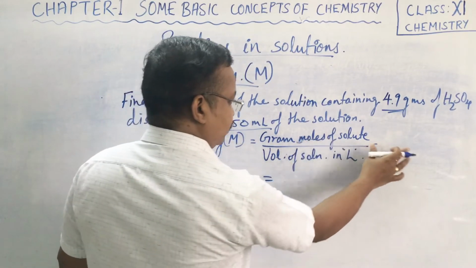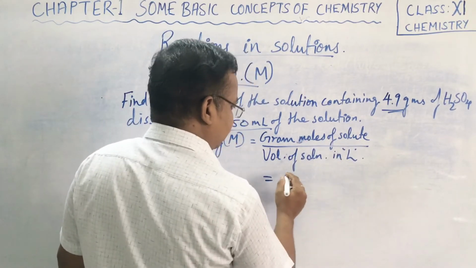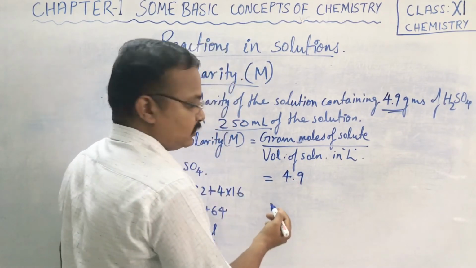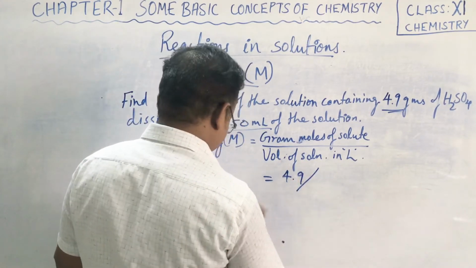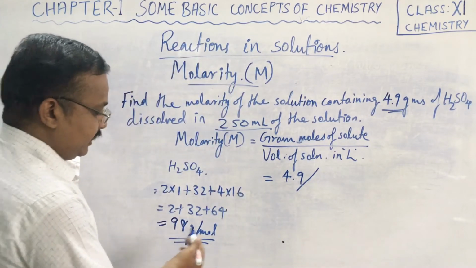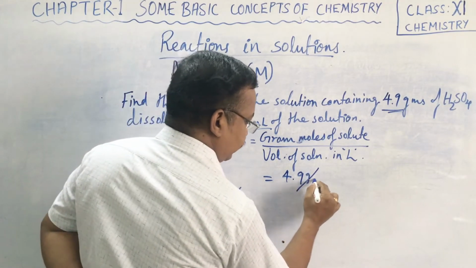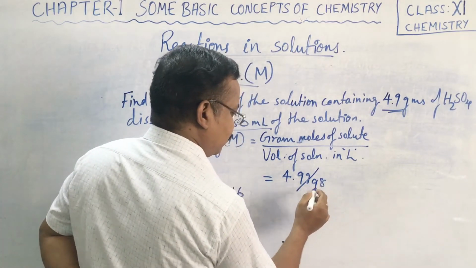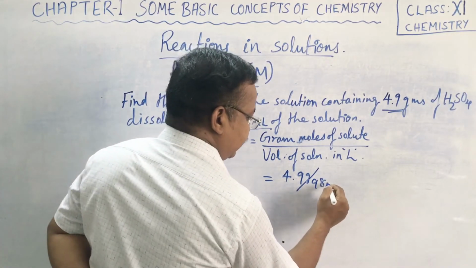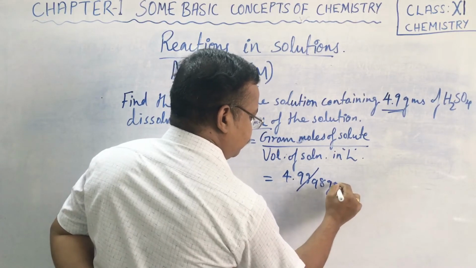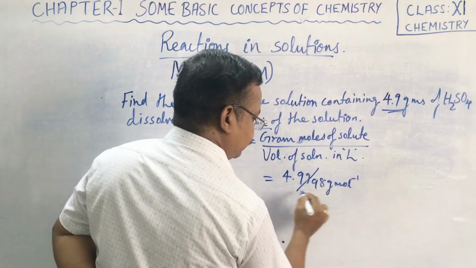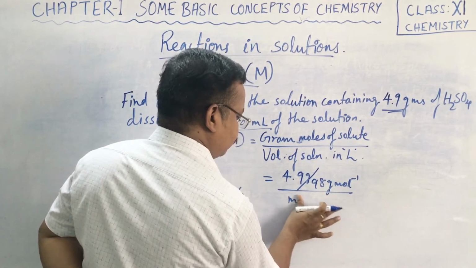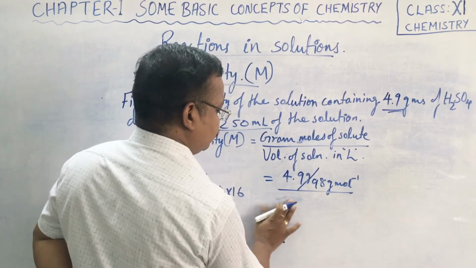Gram moles of solute means 4.9 gram is the given mass, divided by the molecular mass we have calculated as 98 gram mole inverse, divided by the volume, how much?